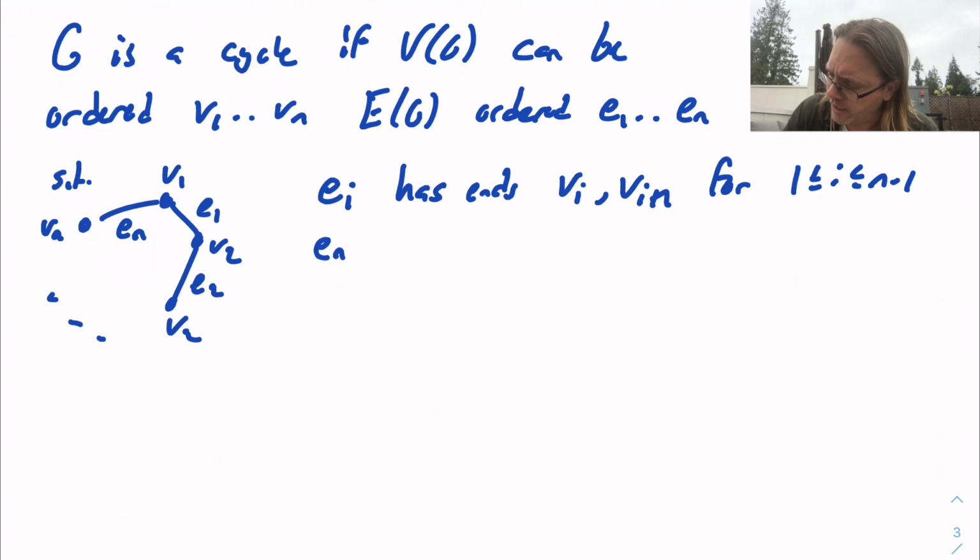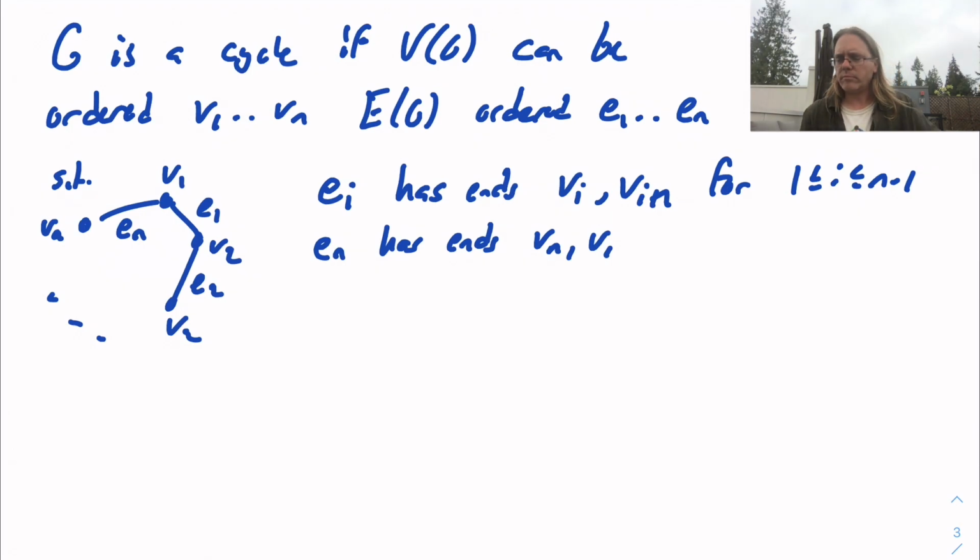And the last edge, En, has ends Vn and V1. Right, so that's what a cycle looks like.